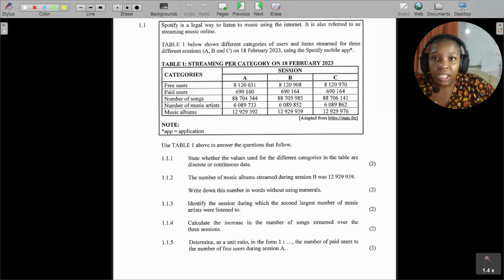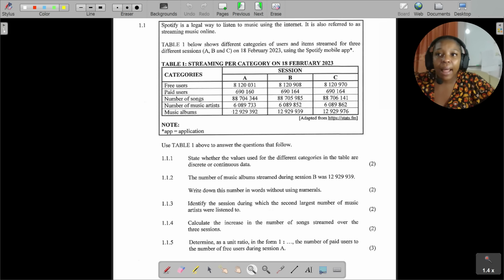Question 1.1 says Spotify is a legal way to listen to music using the internet. It is also referred to as streaming music online. Table 1 below shows different categories of users and items streamed for 3 different sessions, A, B, and C, on the 18th of February 2023 using the Spotify mobile app.